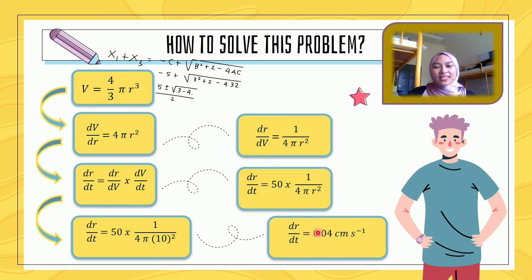So the answer is, the rate of change of the radius is 0.04 centimeters per second.